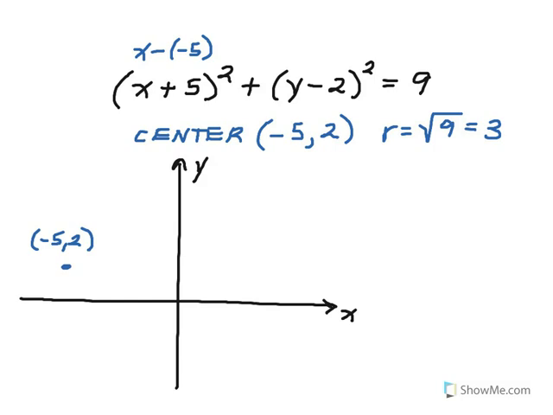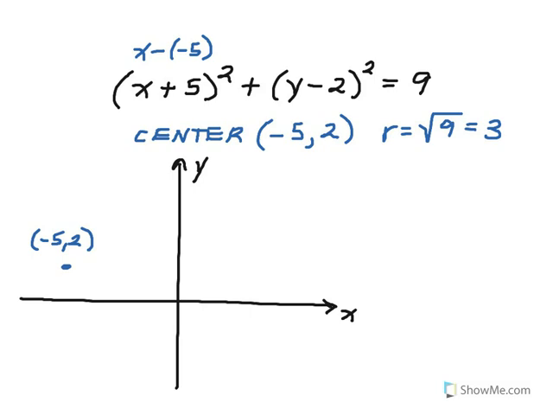Okay, with this circle with a center at -5, 2, and a radius of 3, what we can do to graph it is plot the center of the circle and then make 4 guide points. We can go directly up by 3, down by 3, right by 3, and left by 3.